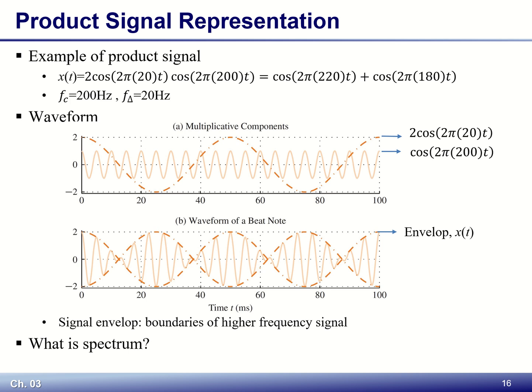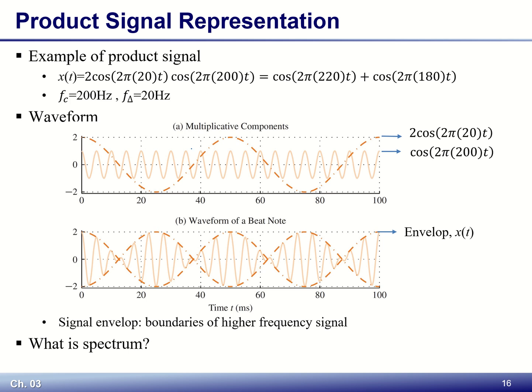Okay, let's show an example of multiplication of two sinusoids. Here, from the previous results, we can directly use: 2 cosine 2 pi 20t times cosine 2 pi 200t becomes cosine 2 pi 220t plus cosine 2 pi 180t.